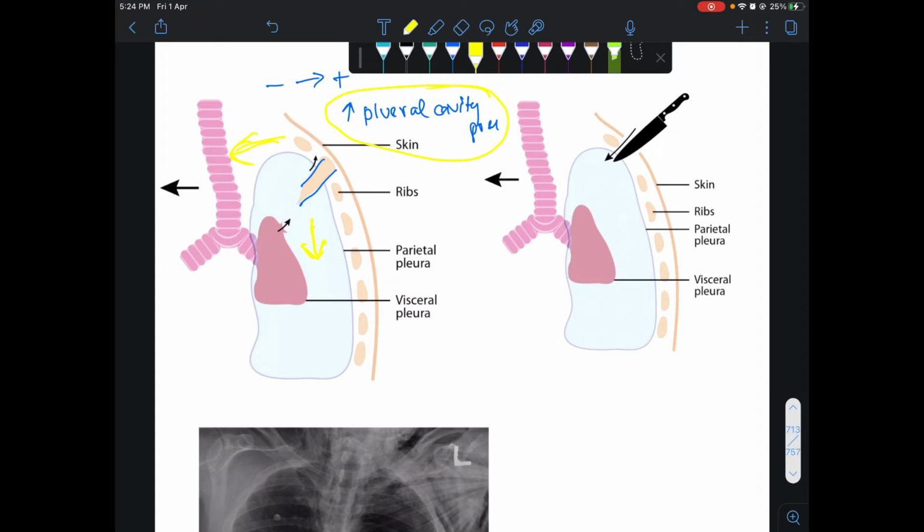affected lung. And in penetrating injury, the mechanism is the same, but here there will be penetration of something like a gunshot wound, and this increases the pleural cavity pressure and shifting of the pleural pressure from negative to positive, and the lung will also collapse, and this also deviates the trachea to the other side.